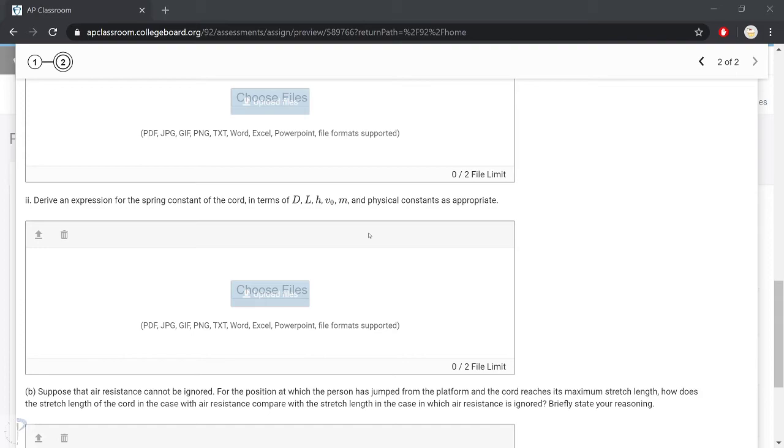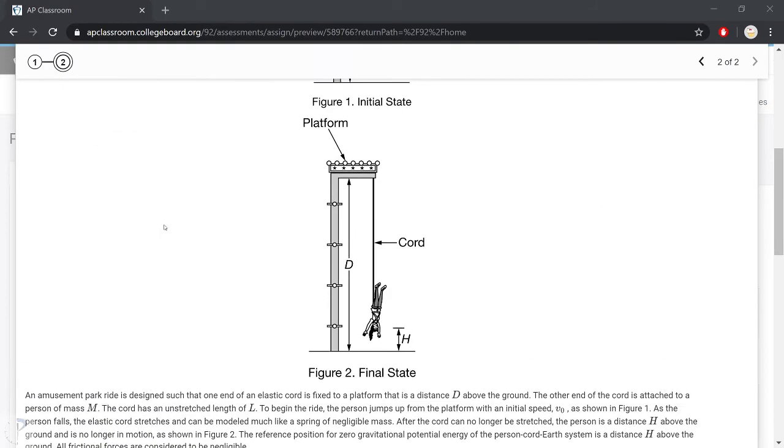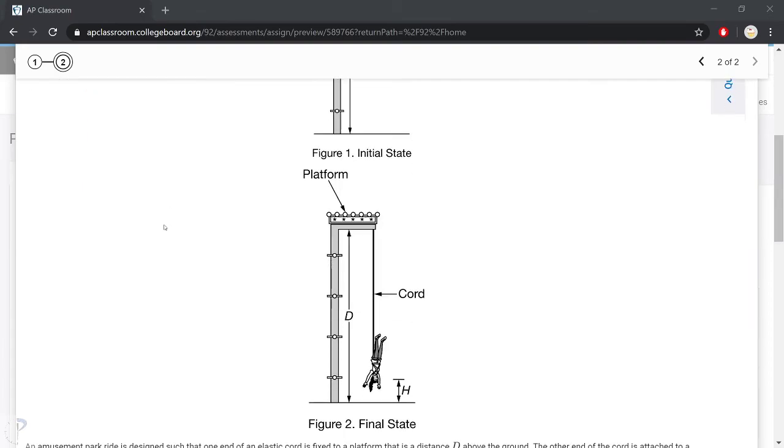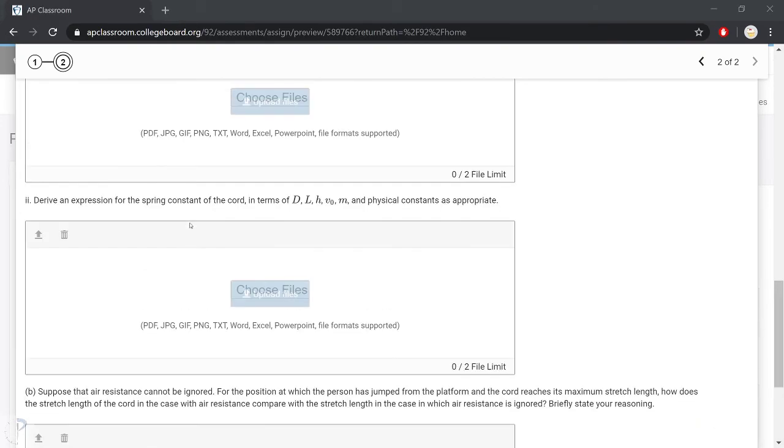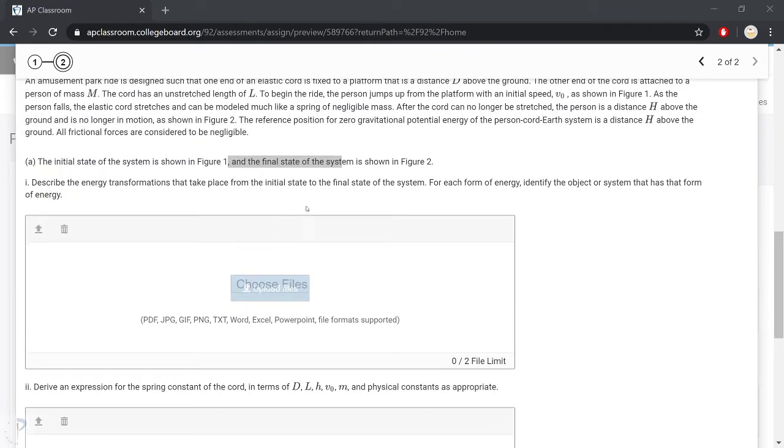But I can't use x yet, right? Well, I can use little h. What is little h? Oh, what? d, L, H, and v0, m, and physical constants. Where is little h?